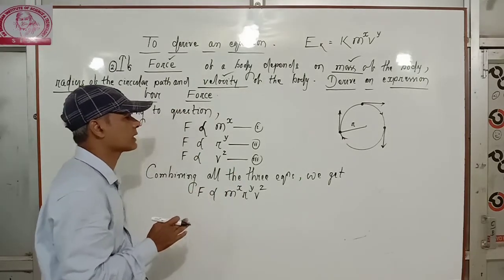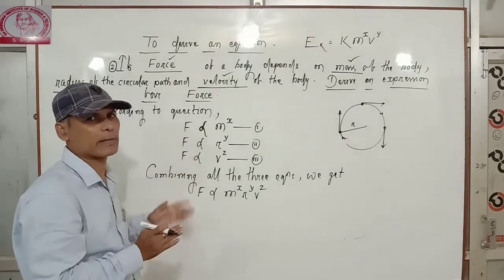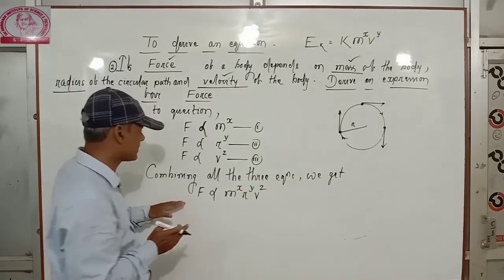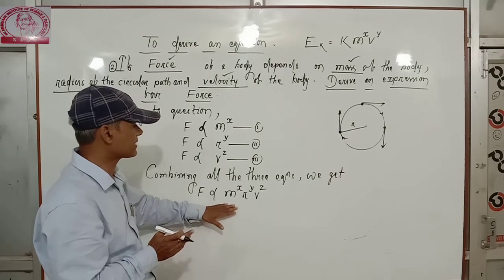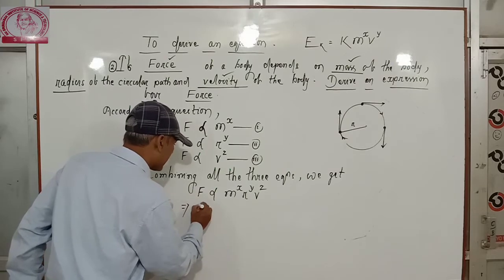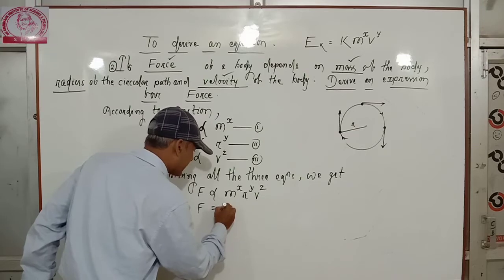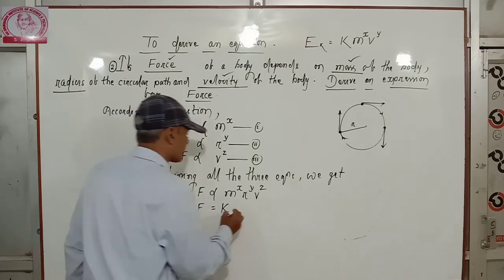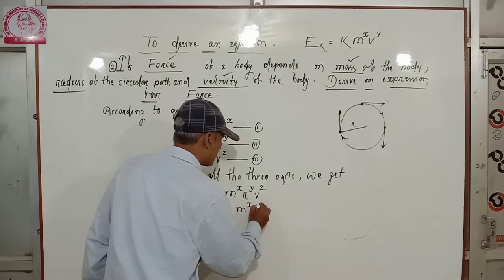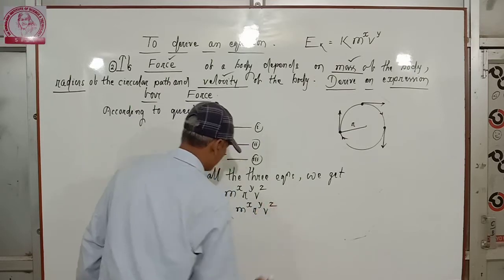So the change of placing the equation doesn't matter. Now combining all the three equations we get F is proportionate to m to the power x, r to the power y, v to the power z, which implies F is equal to k, where k is the proportionality constant, m to the power x, r to the power y, and v to the power z.